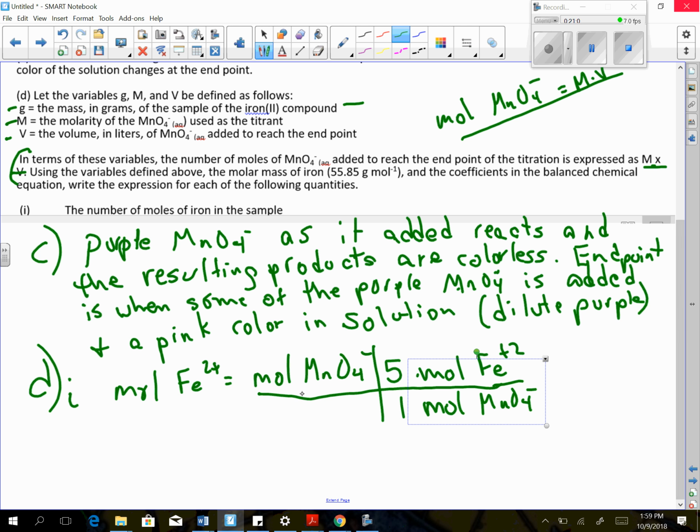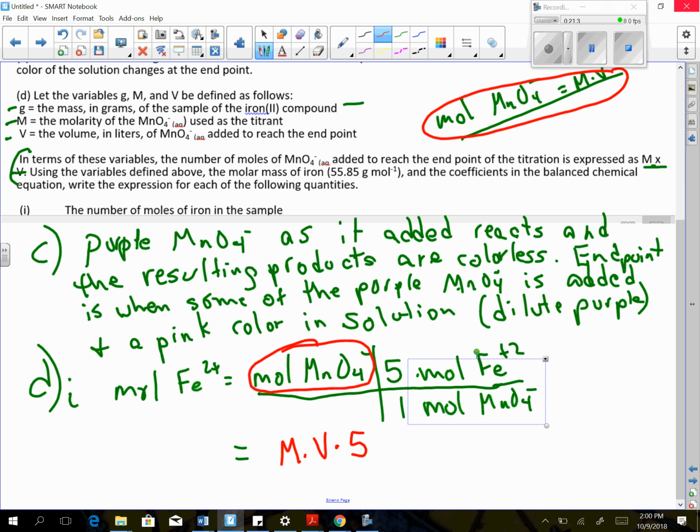Now, I'm not supposed to do it in terms of this, but I can say that in terms of M and V. So I know that moles of MnO4, or moles of my permanganate, are actually, look what we set up here, M times V. And then if I multiply it by 5, which is from my mole to mole ratio, I know my number of moles of iron in that sample.